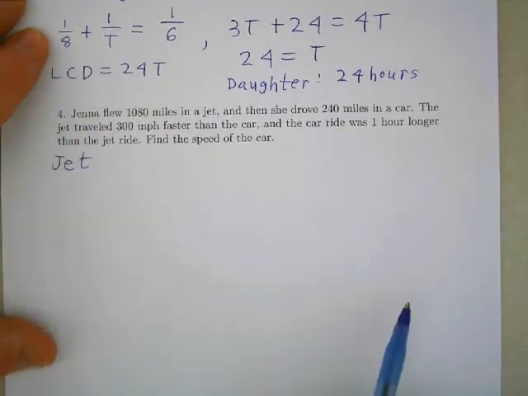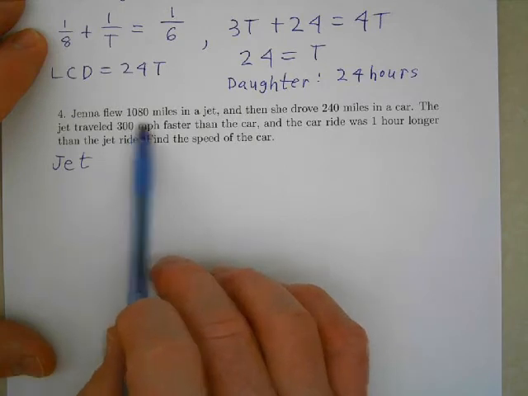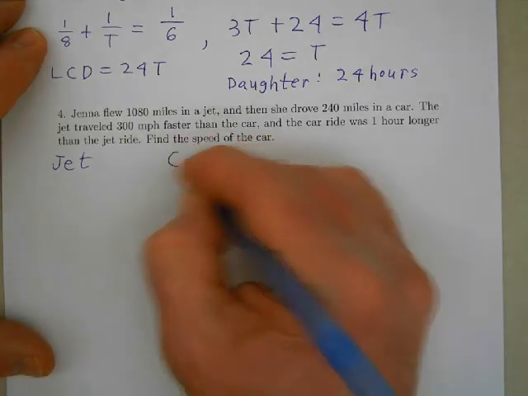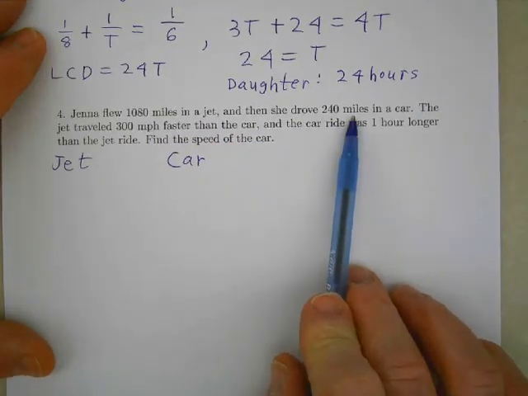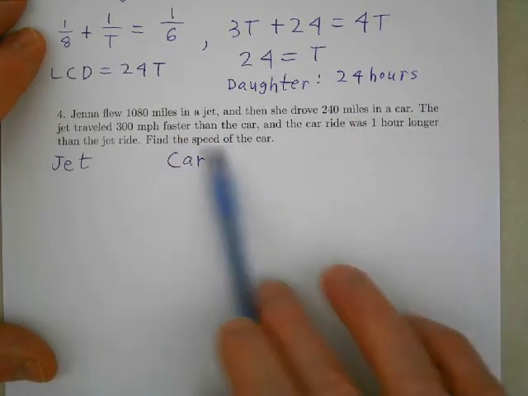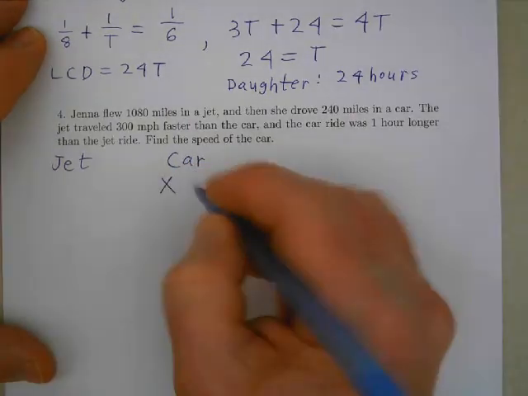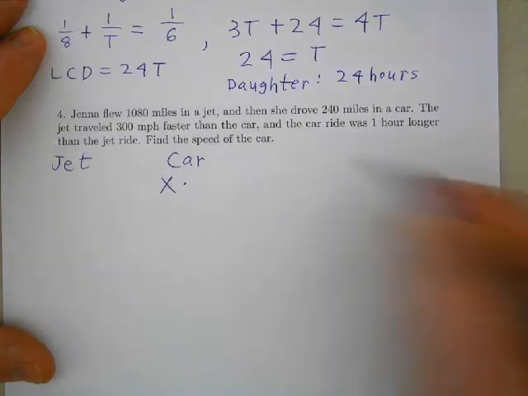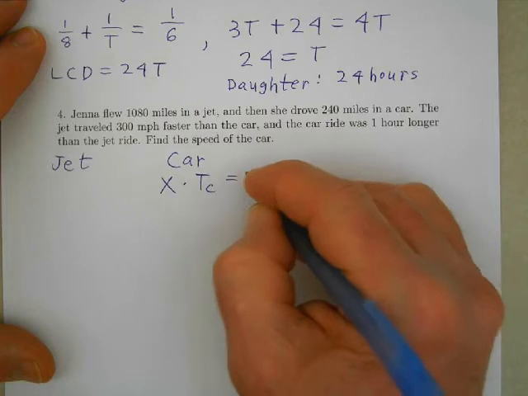When Jenna flew in the jet, she flew 1,080 miles, and when she drove in a car, she drove 240 miles. We're supposed to find the speed of the car. So let x be the speed of the car, and t sub c is the amount of time it took her to drive 240 miles.